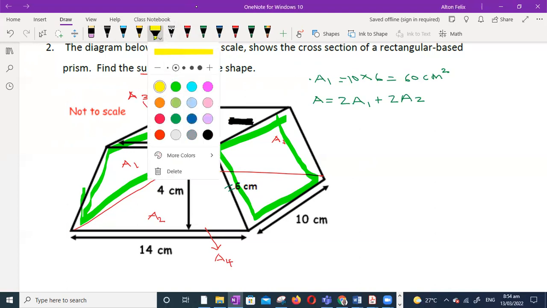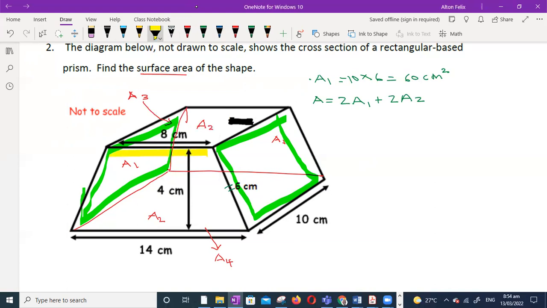All right, so let's work out area 2 now. Area 2 will be the one in front coming down here. Now, that is not a rectangle. You realize that is a trapezium. So we need to find out that area, one in front and one behind. So let's work out area 2.